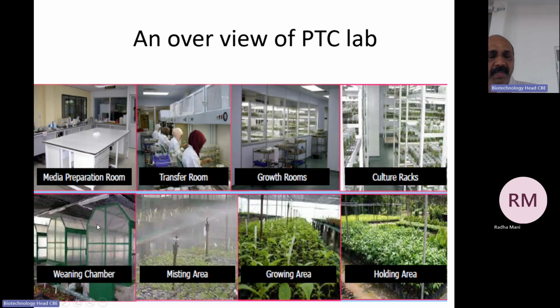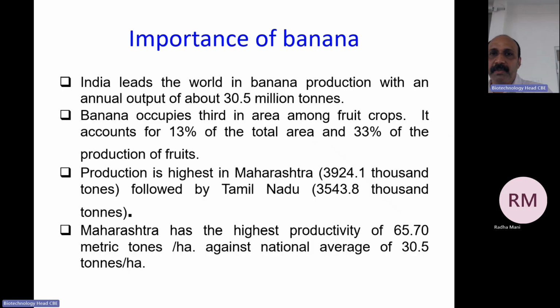Then for hardening, you have the weaning chamber and the growing area, and before field transplanting or marketing, plants go into the holding area and then this open field. So this would be the normal procedure for any of those crops for micropropagation.